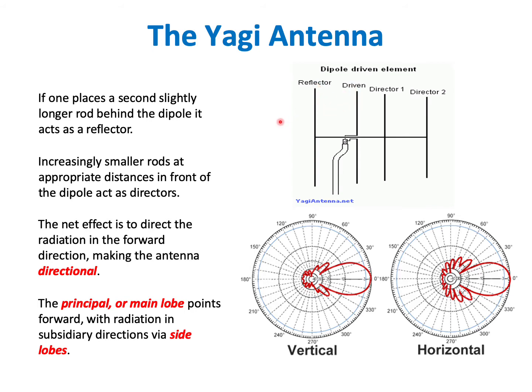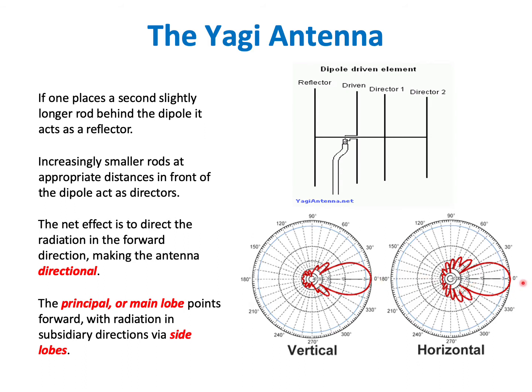What this does is make the Yagi antenna very directional. If we look at a radiation pattern of the Yagi in both the vertical and the horizontal direction, we can see this main lobe, the principal lobe. This is more or less the beam of the Yagi antenna, you can think of it as. This is where the antenna is most sensitive.